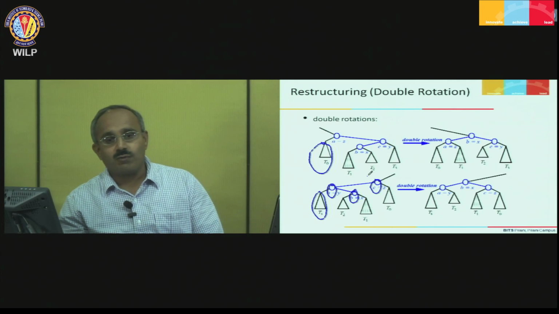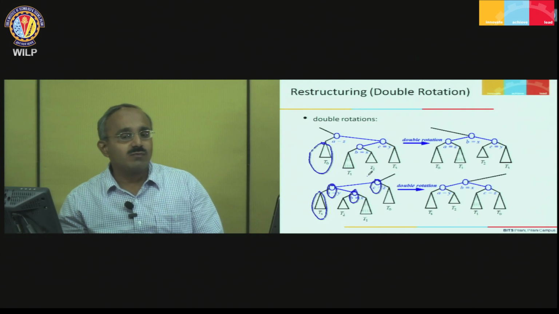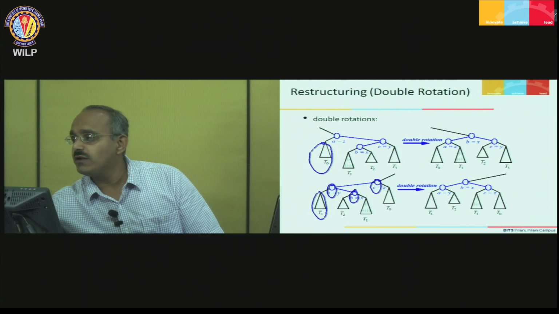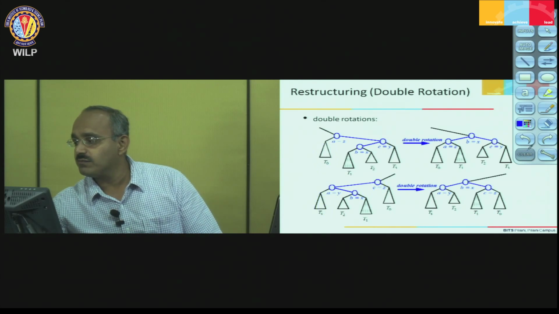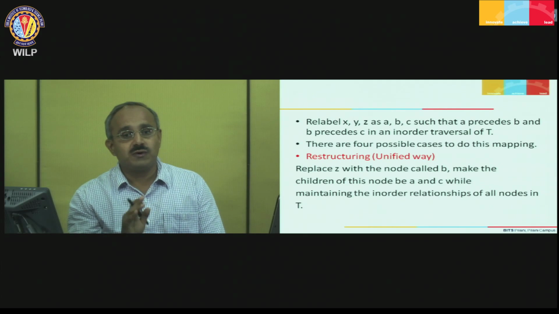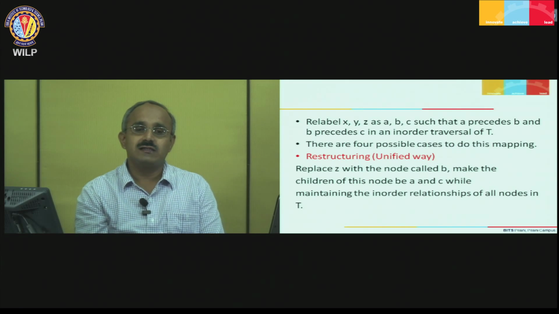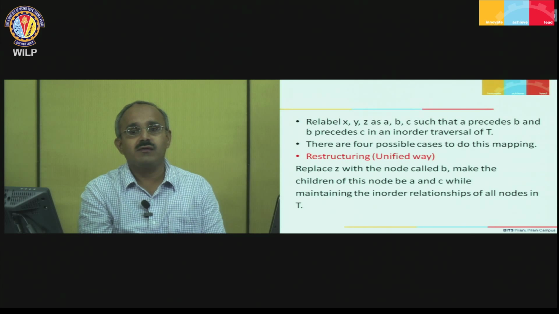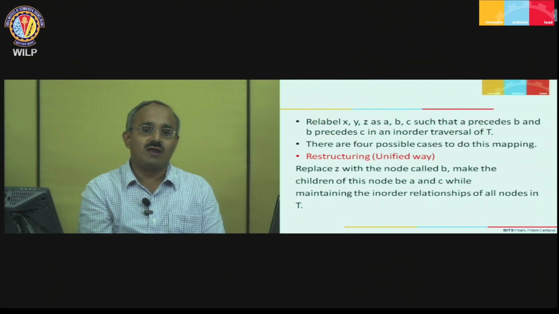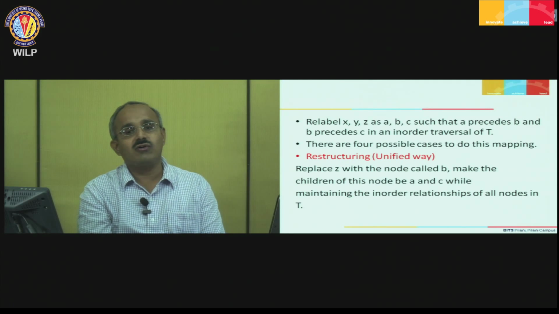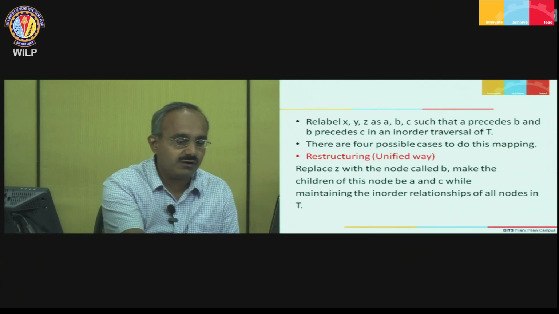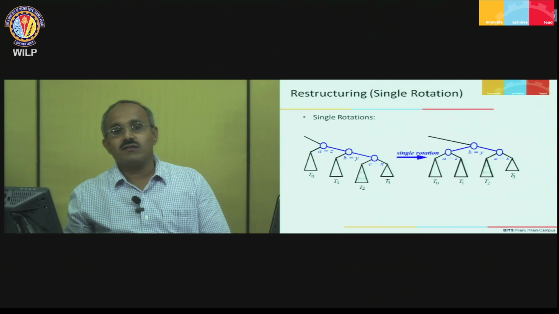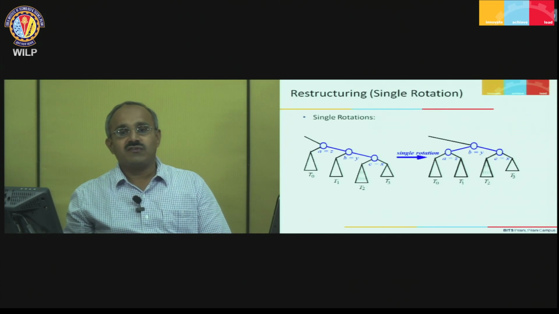So, these are the 4 possible cases that can happen, and in all 4 possible cases our restructuring policy is the same. Now, let us look at our restructuring policy. Right. So, our restructuring policy, which works for all the 4 cases, is replace Z with the node which is called B, make the children of this node as A and C, and maintain the in-order relationships of the tree T. Let us look at restructuring in the first case.